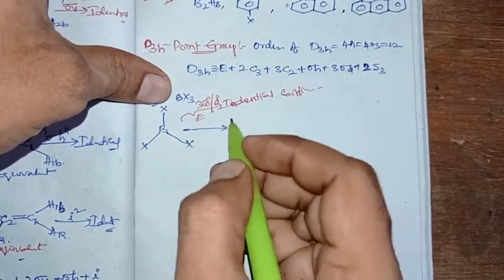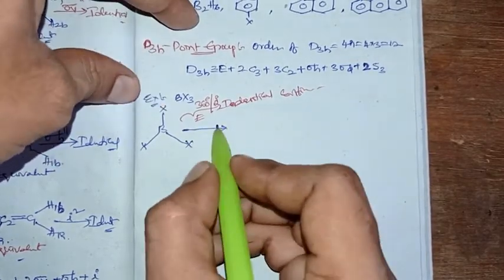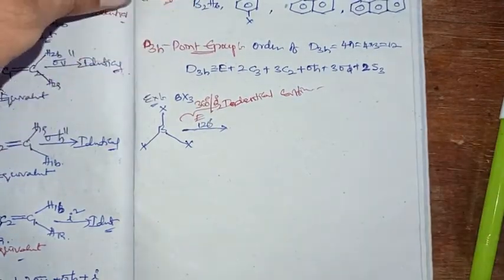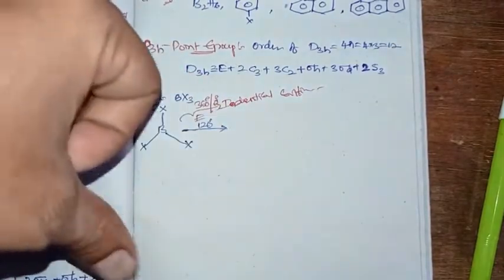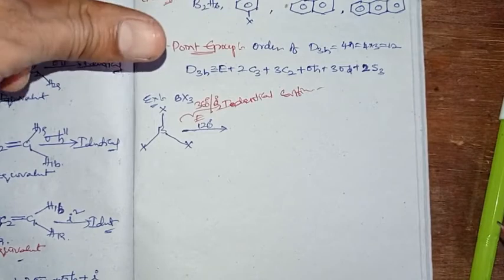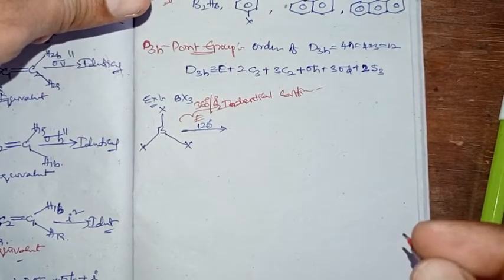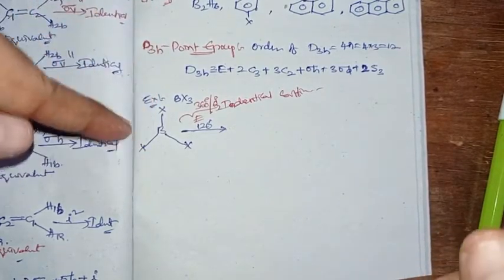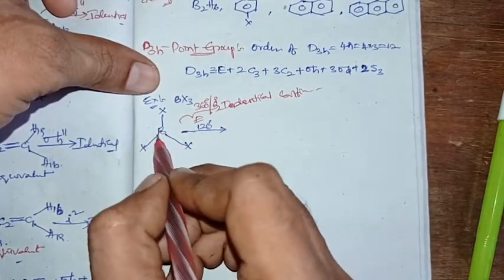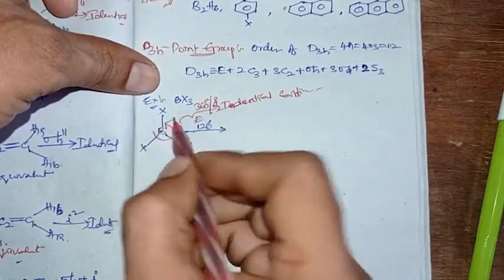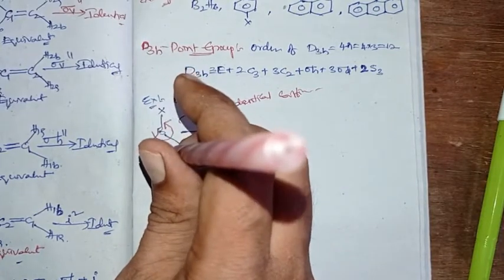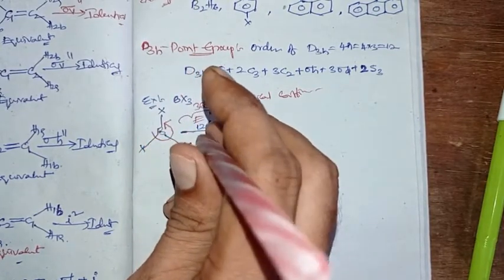So here I want to go with the rotation of 120 degrees of angle. This particular example was already discussed in the rotational axis of symmetry, in lecture number 4. Here the axis passes through the middle of the boron, from above the plane to below.